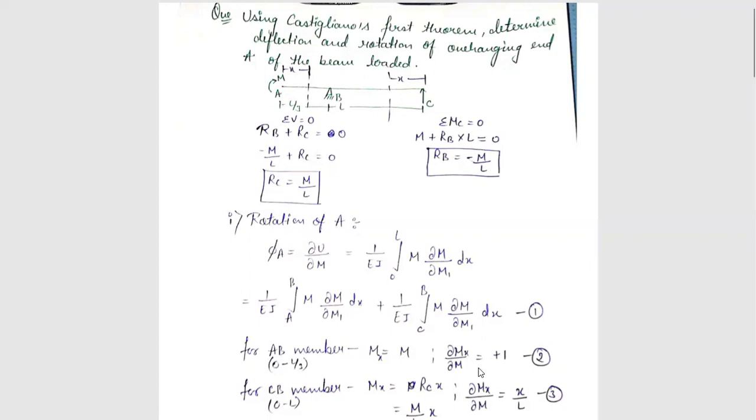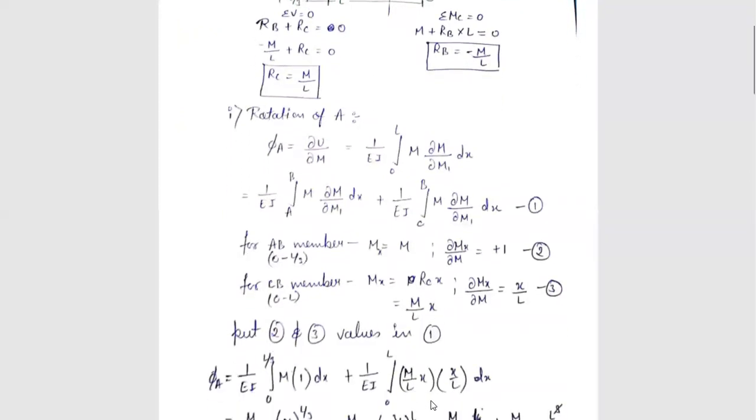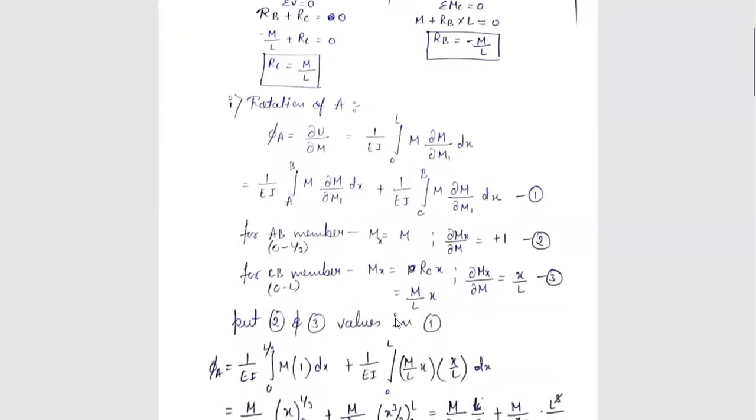Put these values as equation number 2. For member CB, the limit is 0 to L. Take a section at X distance from point C. So the moment will be RC into X. RC is M upon L, so Mx equals M upon L X. Then the partial differentiation of this, del Mx upon del M, is equal to X by L.